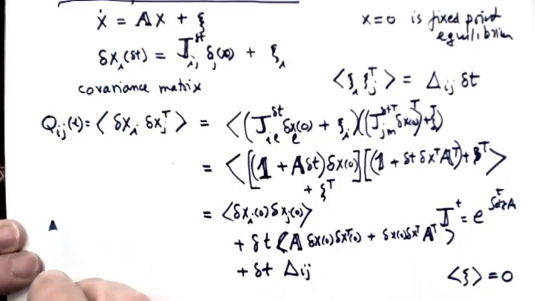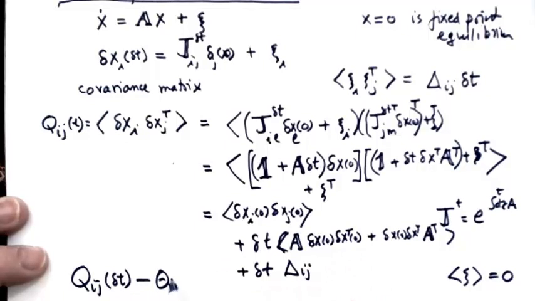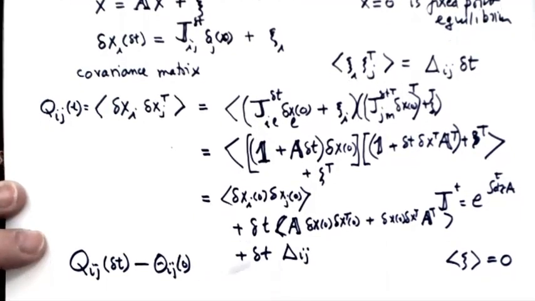So we get a formula that says that the covariance Qij at time delta t minus this covariance Qij at the original time, and everybody else is proportional to delta t, so we divide by this delta t.